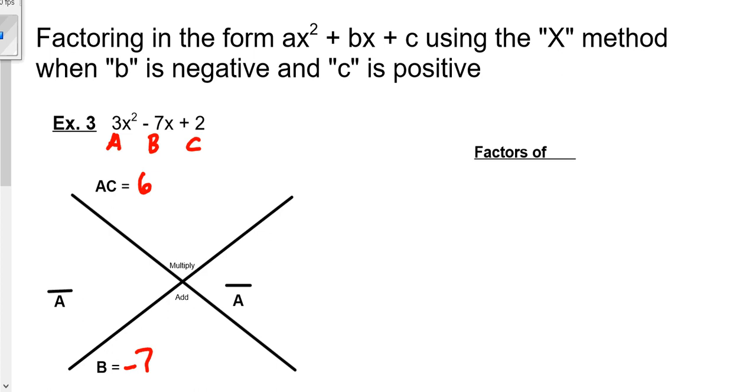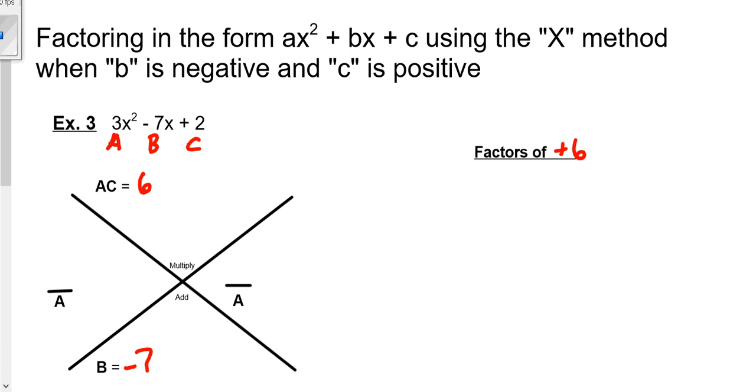So now we're going to find our factors. We're always going to find our factors with whatever AC is, and AC is a positive 6. Now, because b is negative and c is positive, both our factors are going to be negative numbers, because the only way you can get your middle term negative and your constant positive is to have two negative numbers.